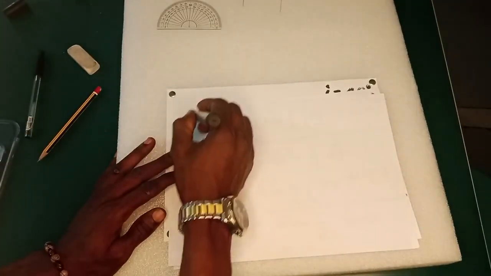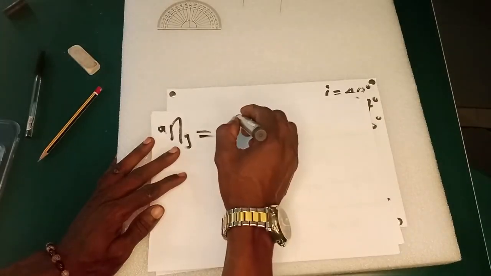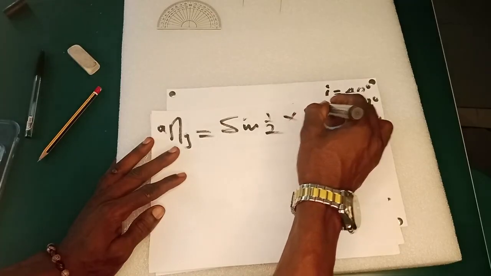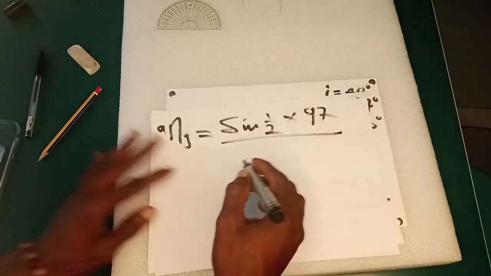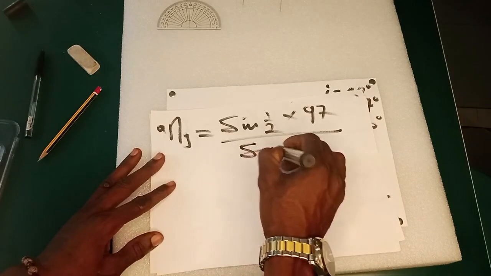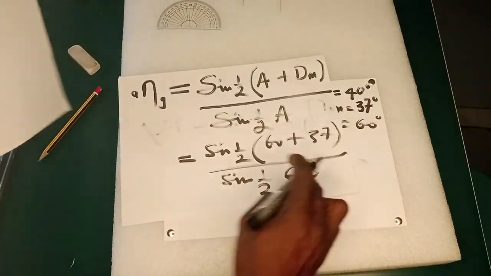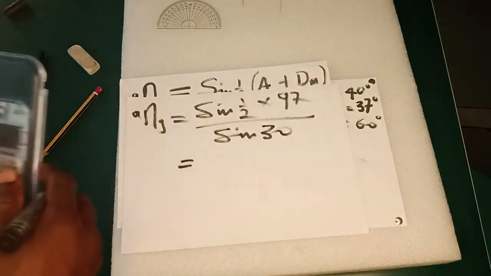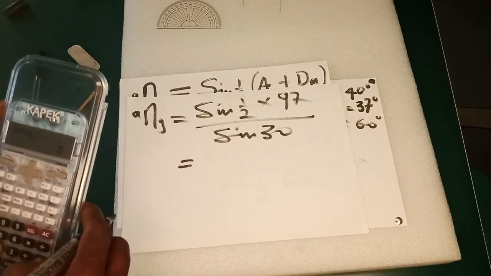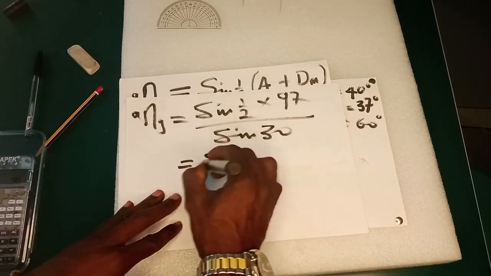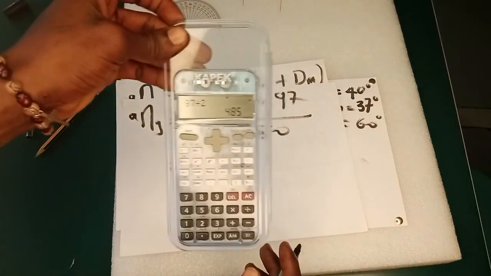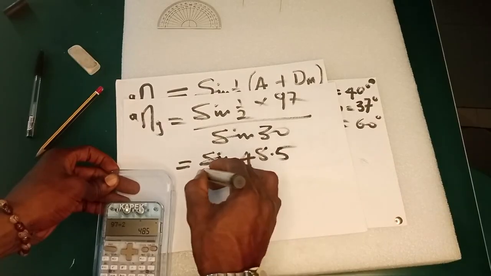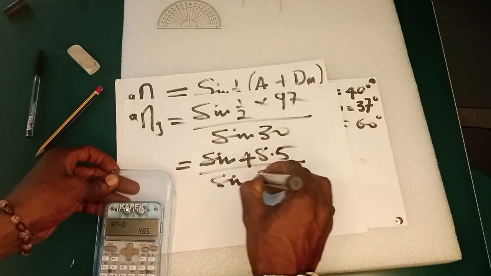We have n is equal to sine half times 97 divided by 60 by 2, which will give you 30, divided by sine 30. If you compute, you have 97 by 2, so this implies you have sine 48.5 divided by sine 30.